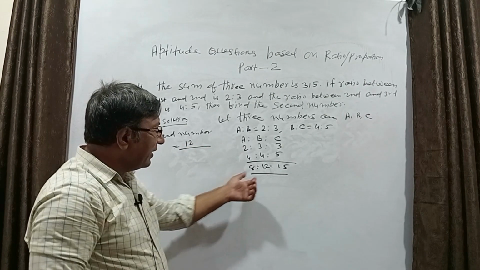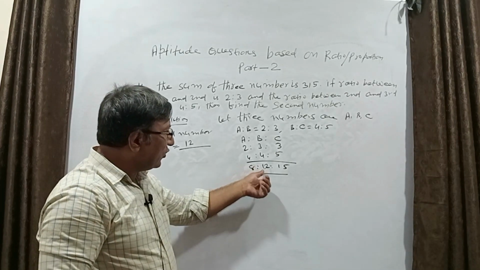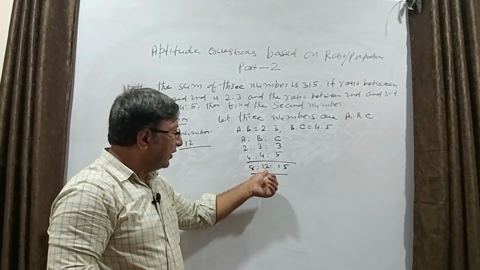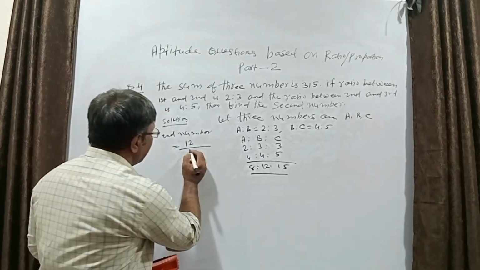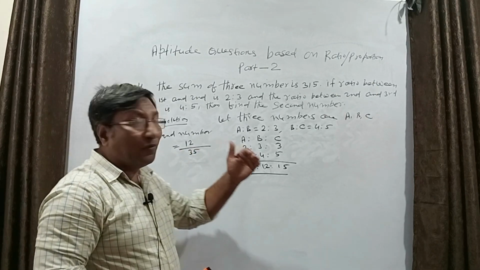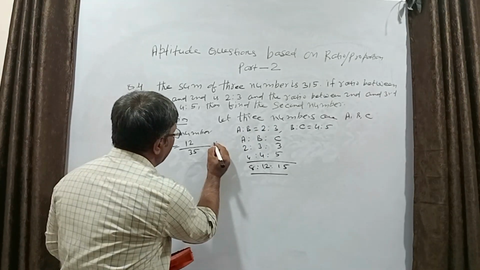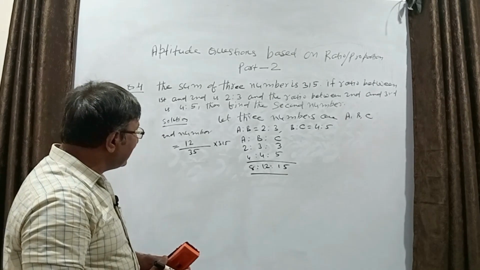Now adding the ratios 8, 12 and 15: 8 plus 12 is 20, 20 plus 15 is 35. So the sum of the ratio is 35. Now which number do we have to divide? The total number given is 350. Now you can solve very easily.